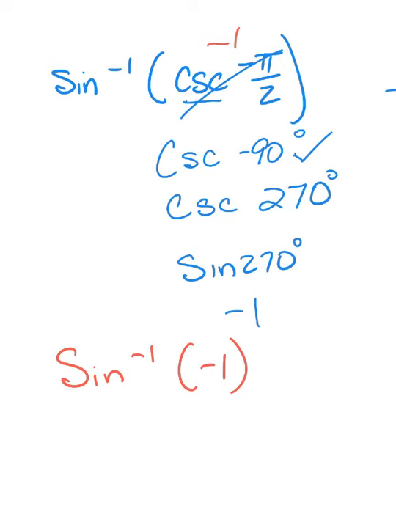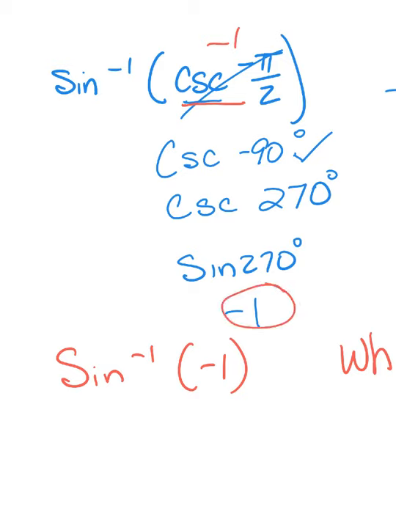So whenever you see a sine negative 1, a cosine negative 1, a tangent negative 1, the question the problem is asking you is who has. Whenever you see a plain 1, the question is what is? What is the cosecant of negative pi over 2? It's negative 1. Now I replace that by negative 1.